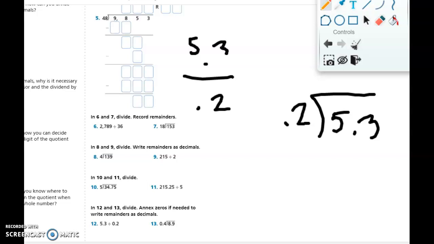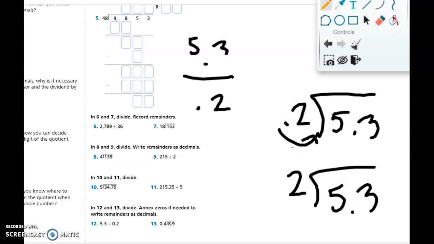So what we're going to do is multiply by 10 just to move that decimal one place, all right? So when I multiply the 2/10 by 10, now I have a 2 here. But I've changed the entire value of the problem if I leave the decimal in the dividend here, in the 5 3/10.